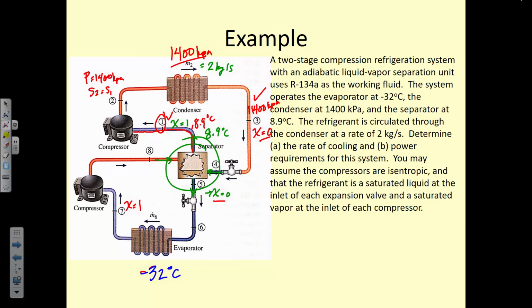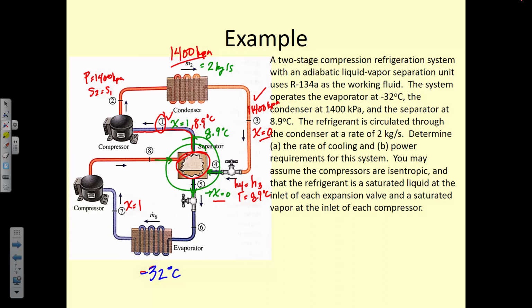It's isenthalpic, right? So H4 is going to be equal to H3. There's one other thing we know. Temperature? We know the temperature is equal to what? 8.9 degrees Celsius, because the separator is operating at a constant temperature. So state 1, 8, 5, and 4 all have to be 8.9 Celsius.